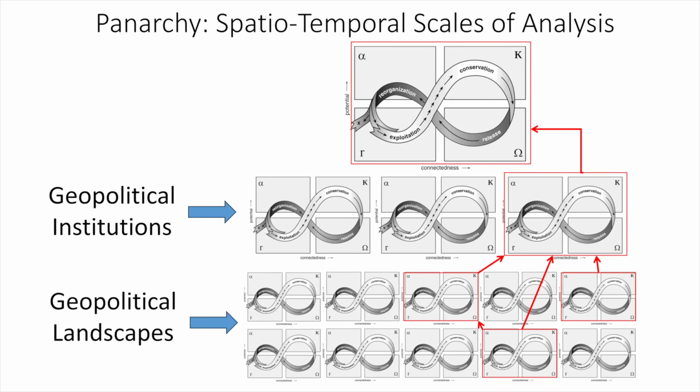So to put this landscapes and institutions thing in context to the Maya, the political landscape would relate to things that are happening between kingdoms at any one given time. That could relate to alliances between kingdoms.